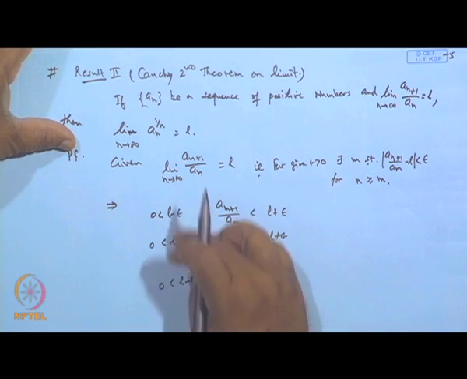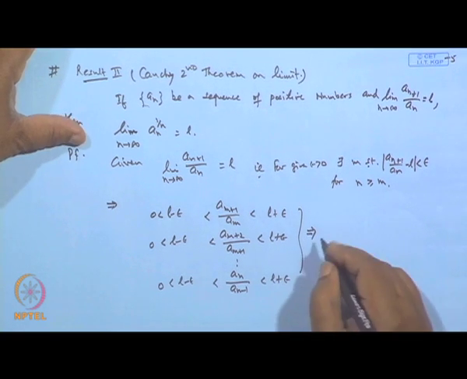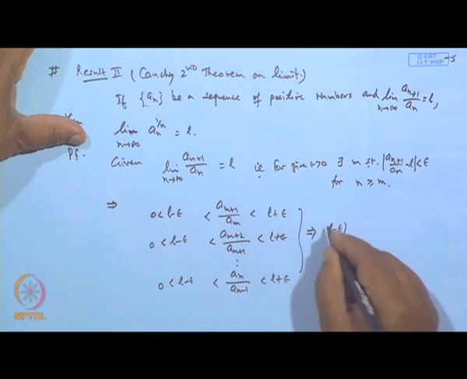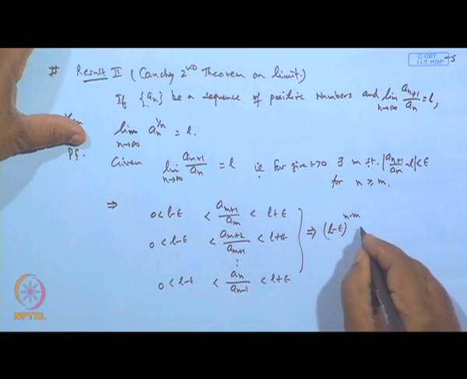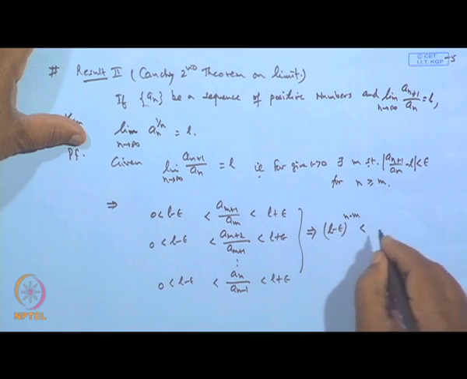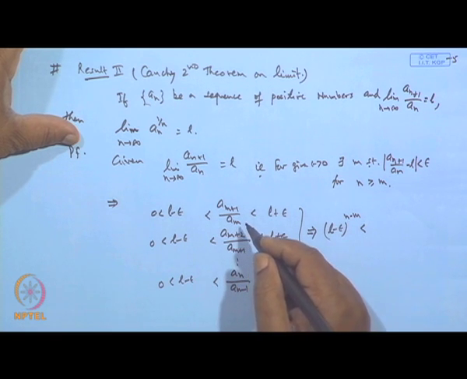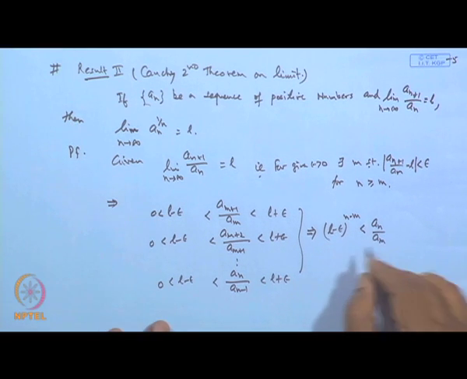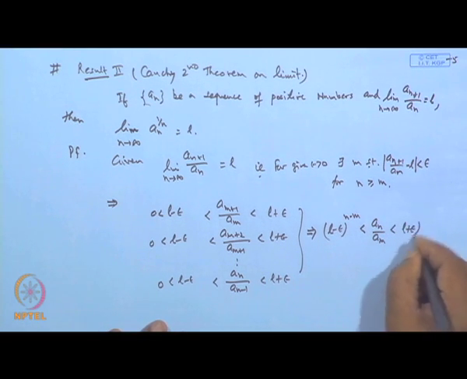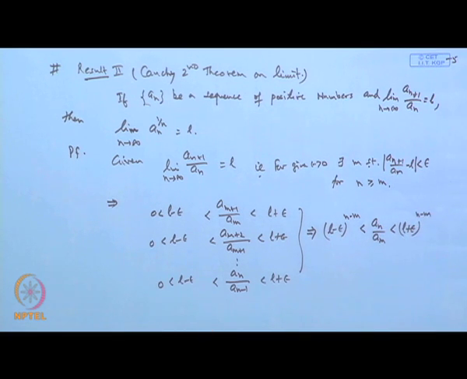So, this implies that L minus epsilon to the power n minus m is less than, if you multiply this, the cross terms telescopically get cancelled, so a n over a m is left only, which is less than L plus epsilon to the power n minus m, where n is greater than m.